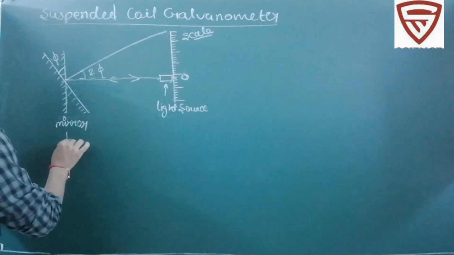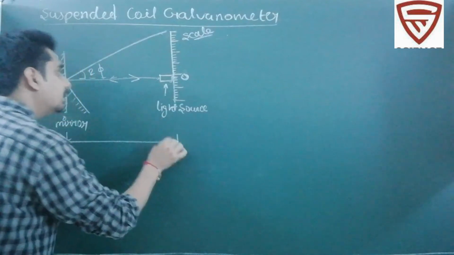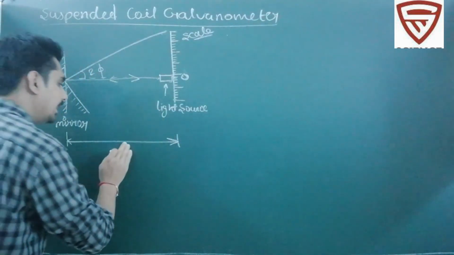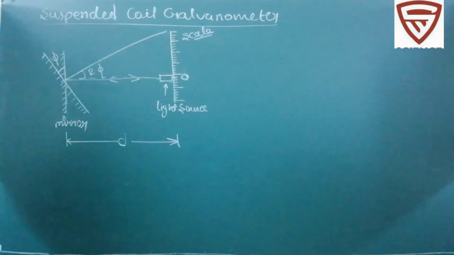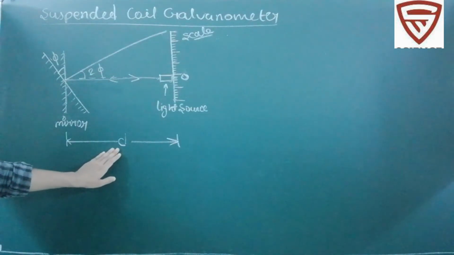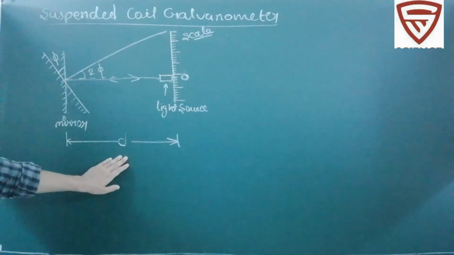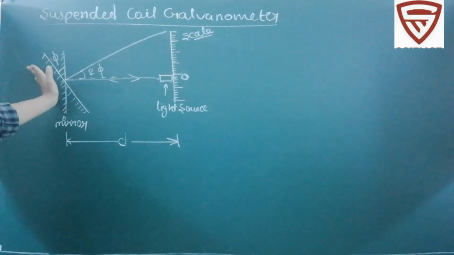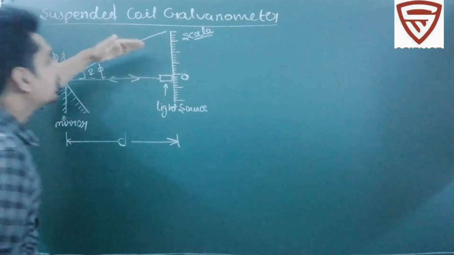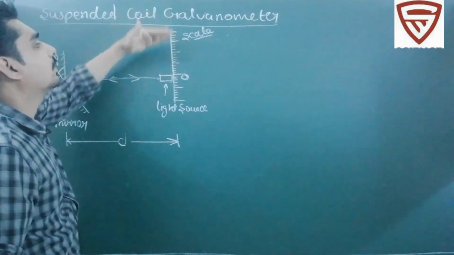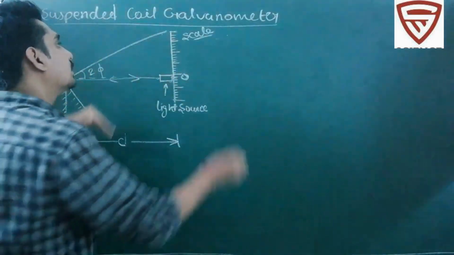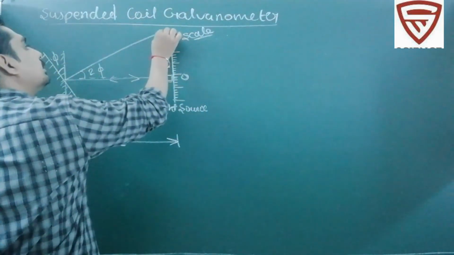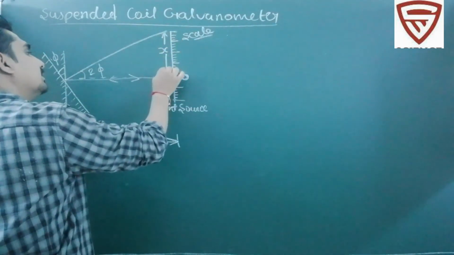The distance between this mirror and the scale is d, and this distance is considered to be between 2 to 5 meters. So whenever there is a slight displacement, there will be a large displacement on this scale. Consider this displacement is x.